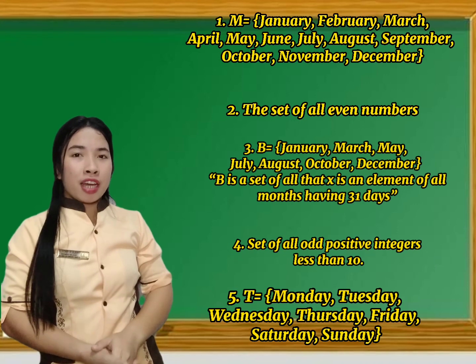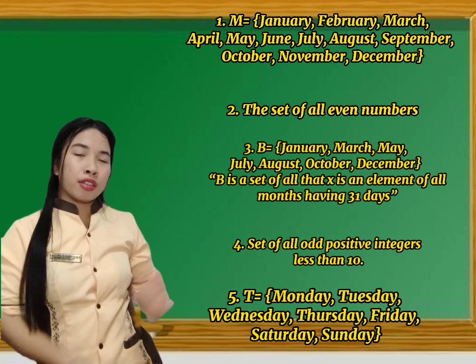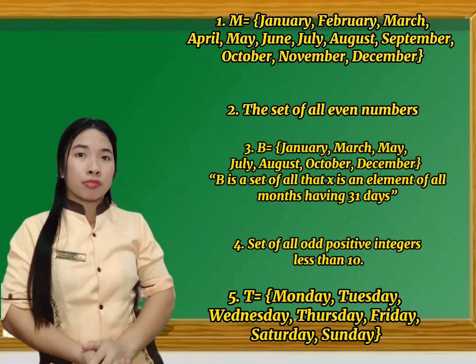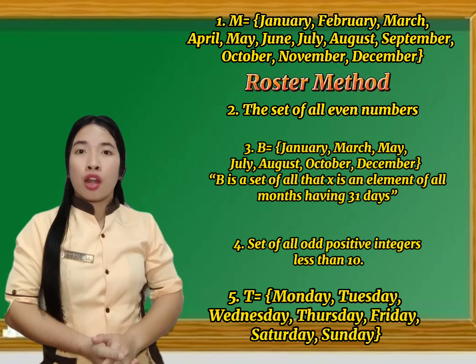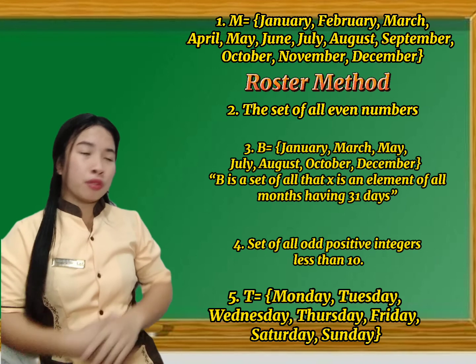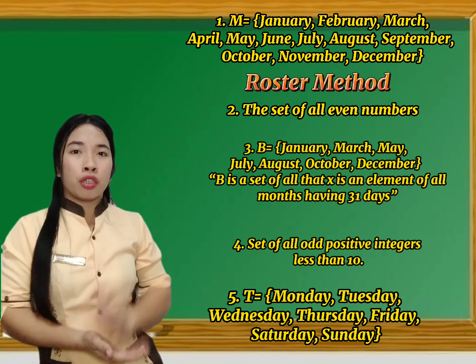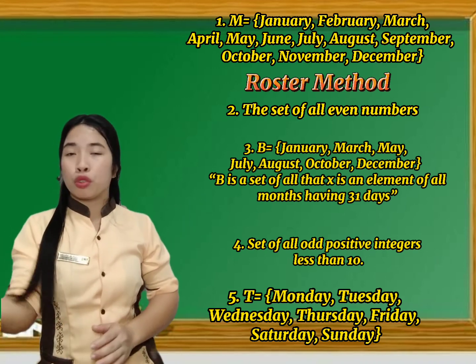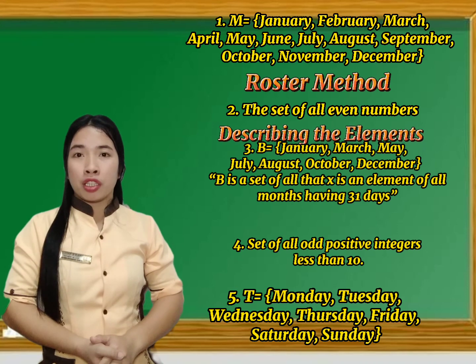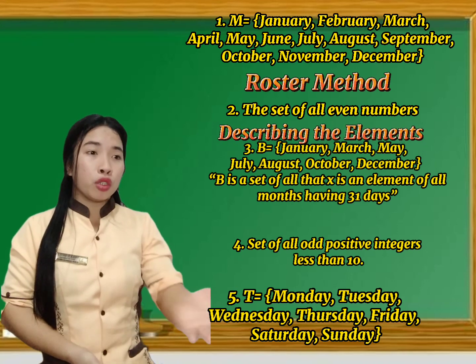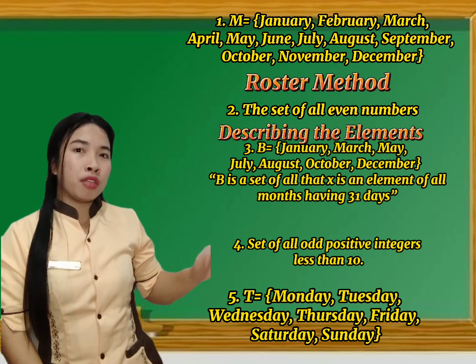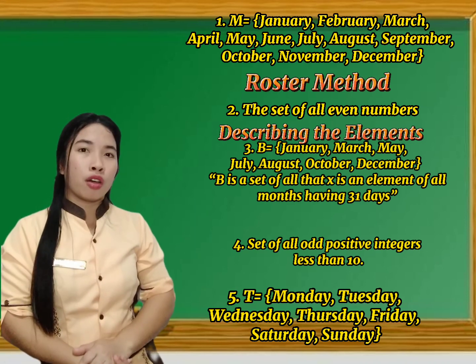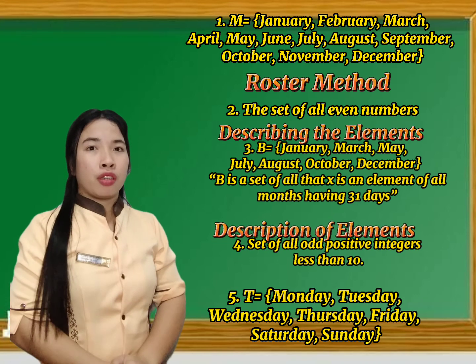Okay, what is the answer for number 1? Group 1, roster method. How about group 2? Roster method. Okay, thank you. Let's proceed to number 2. How about group 2? Describing the elements. How about group 1? Describing the elements. Let's proceed to number 3. How about group 1?